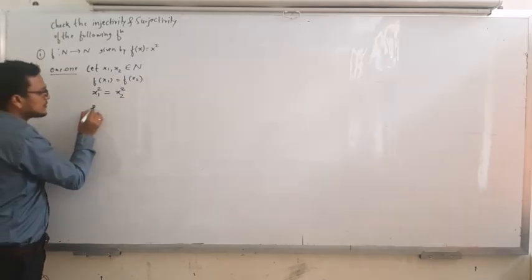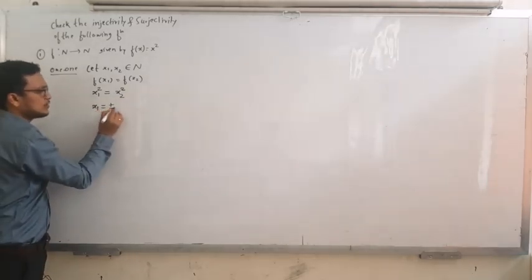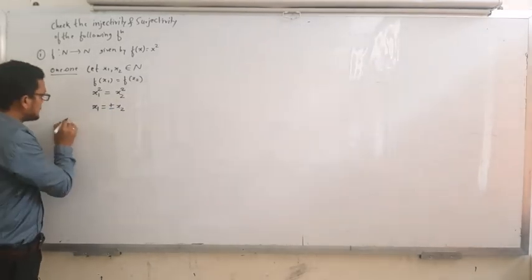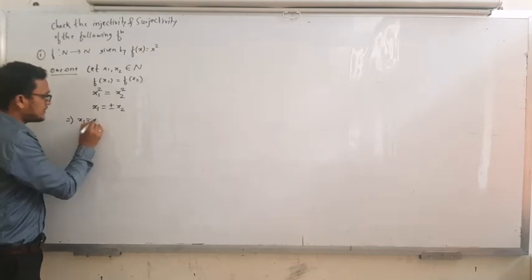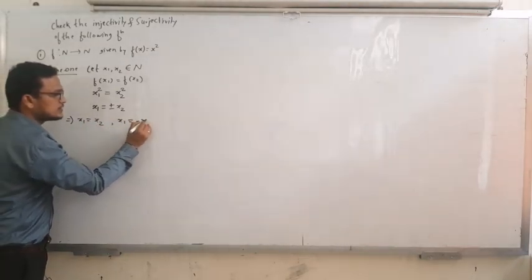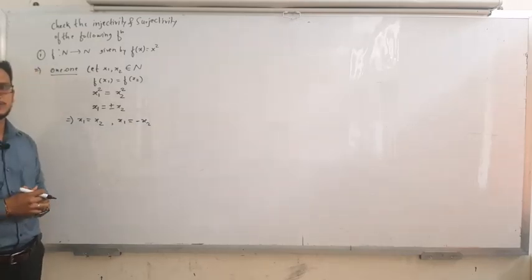Now when I remove the square, what will we get? x1 equals plus or minus x2. This implies x1 equals x2 or x1 equals minus x2. Both are possible here.